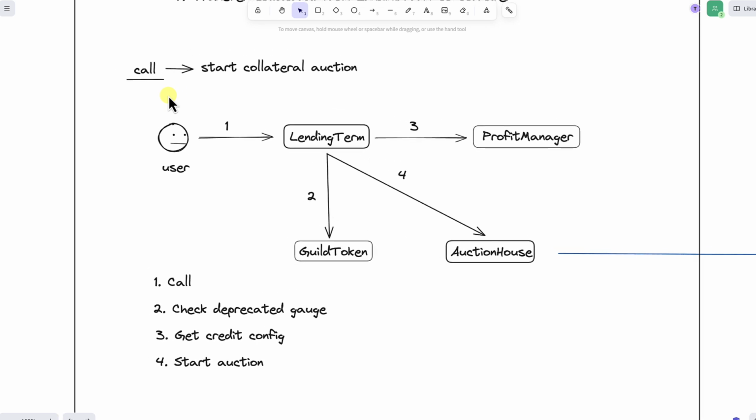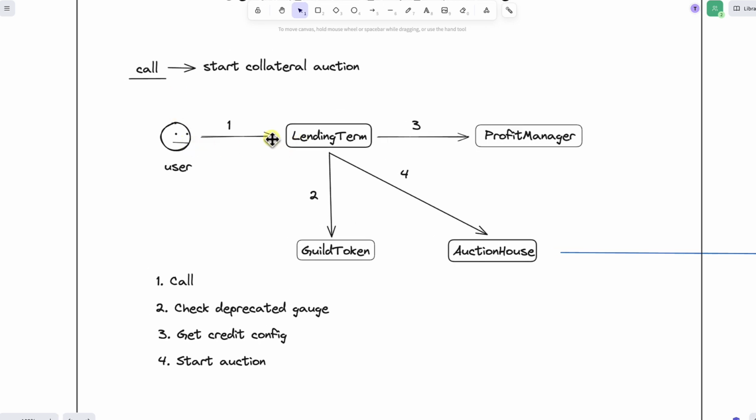So let's say that a user puts in collateral and borrows credit. Now this user's loan can be liquidated under, I think, 2 conditions: whether the gauge was deprecated or not, and whether the borrower has not paid a partial amount of the loan.